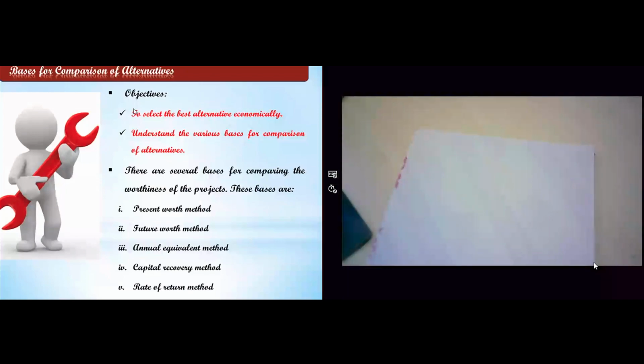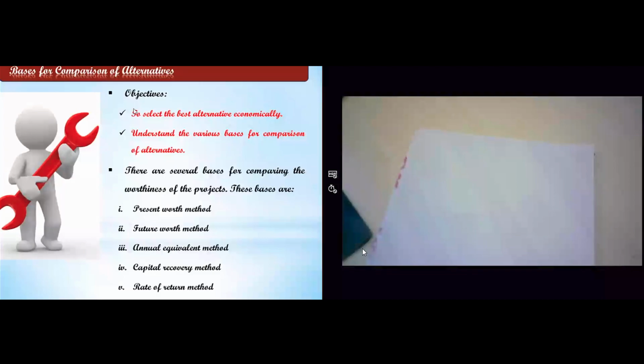We will have all the cost factors and revenue factors, but we will be calculating the interest rate i by making the net present worth equal to 0, or present worth of cost equal to present worth of benefits. Generally we calculate the interest rate i by using the trial and error method. So we look at these concepts also. So these 5 components are there in your syllabus when it comes to economic evaluation of alternatives.